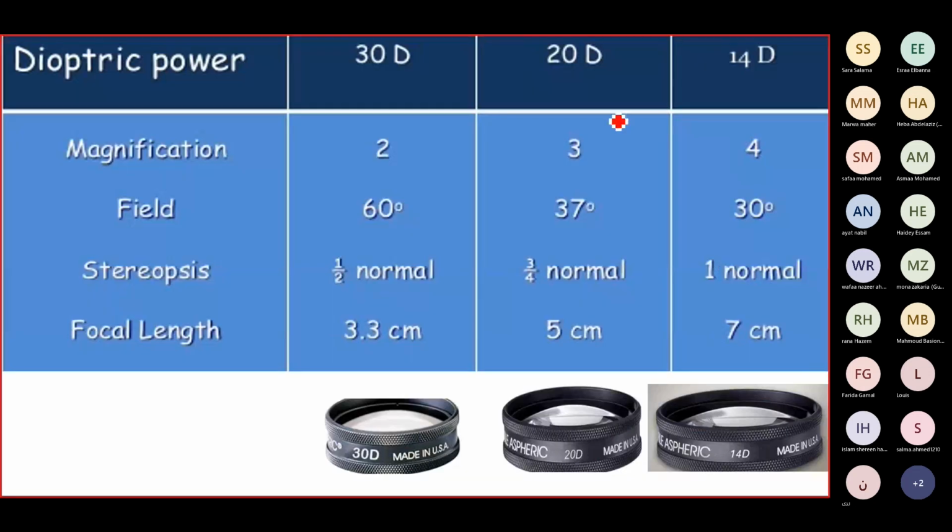The magnification, as you can see, with the low power lens, the magnification is bigger than the high power lens, but the field is smaller, and the stereopsis is better with the low power and gets less with the high power, and the focal length or the working distance is larger for the low power lens than the high power lens. Okay?